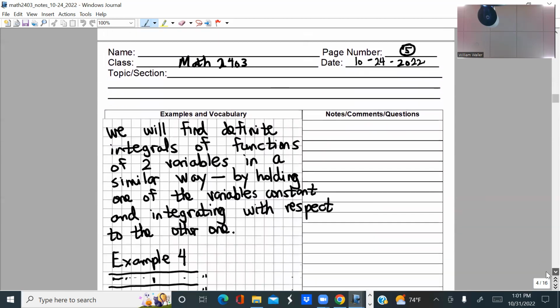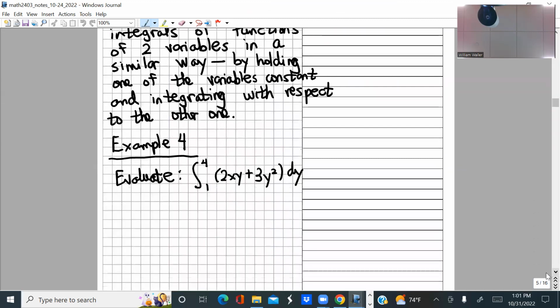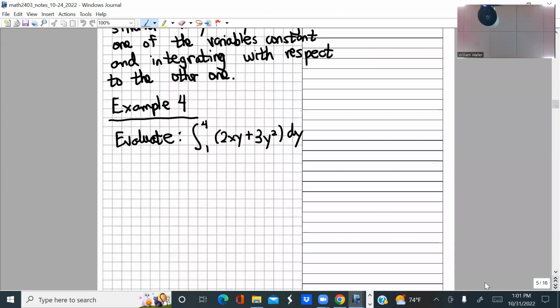Let's look at a very simple example here. I'm not going to explain what the meaning of this definite integral is or what its value tells you. It's just an example of a definite integral. How do we carry out this process? Notice you do have a function of two variables here, x and y, but we're going to hold one of the variables constant and integrate with respect to just one of the variables.